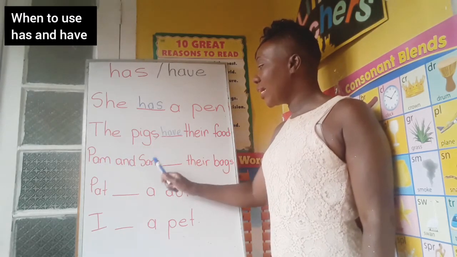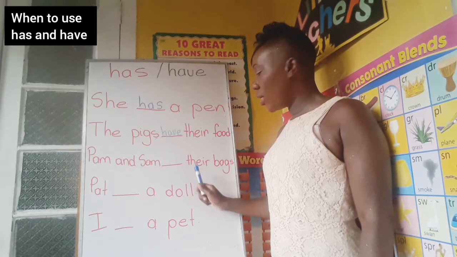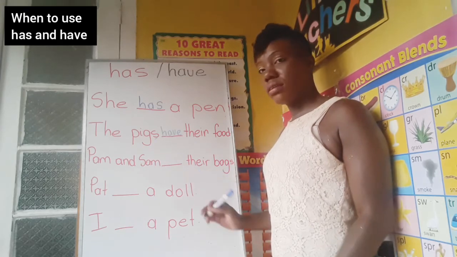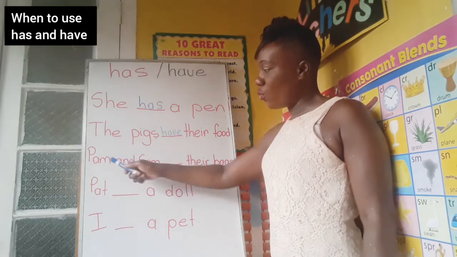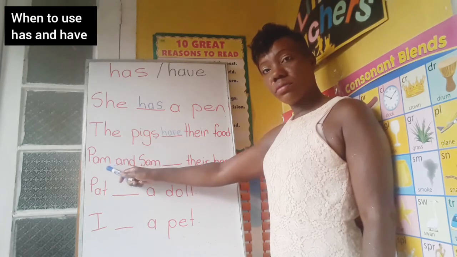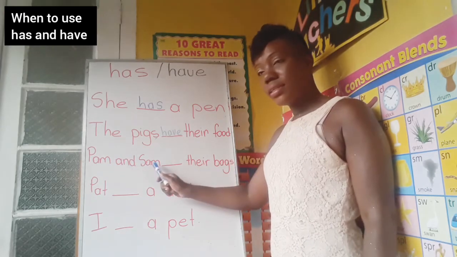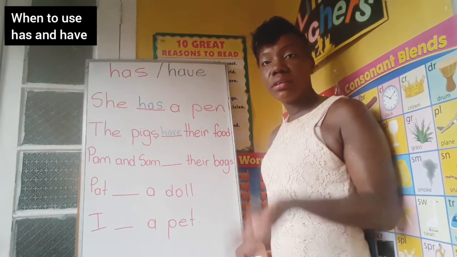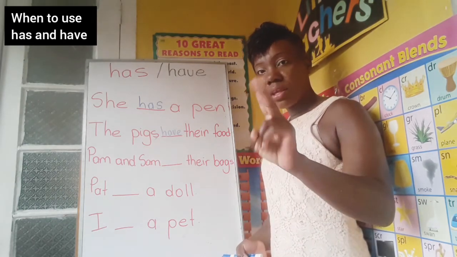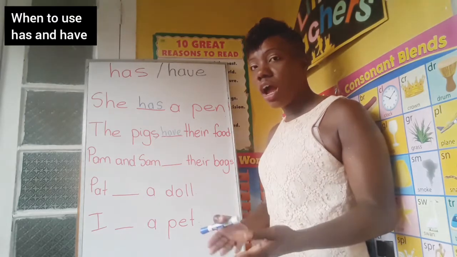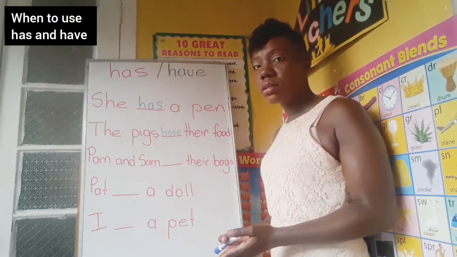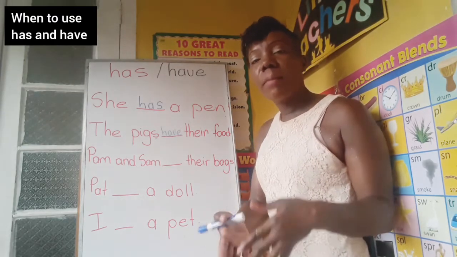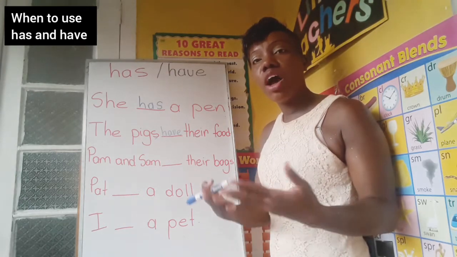Pam and Sam their bags. Let's reason. What are they talking about? Pam and Sam. Now how many persons are there? Two persons. Now is two singular or plural? Plural, because it is more than one.